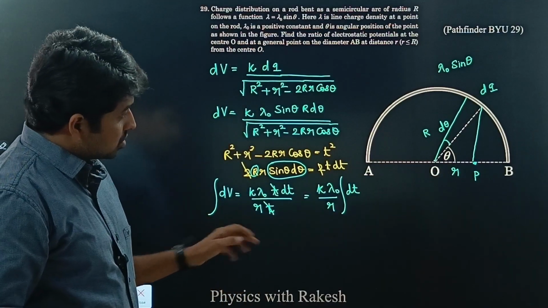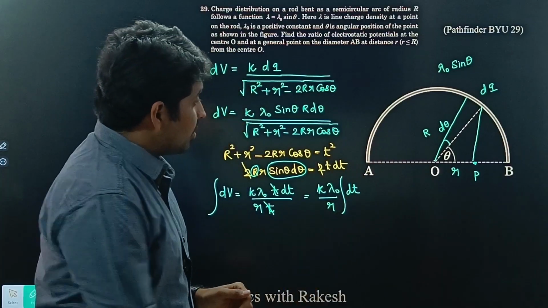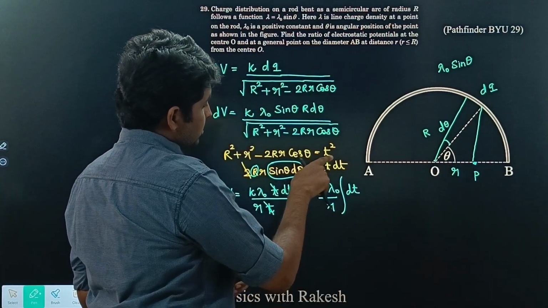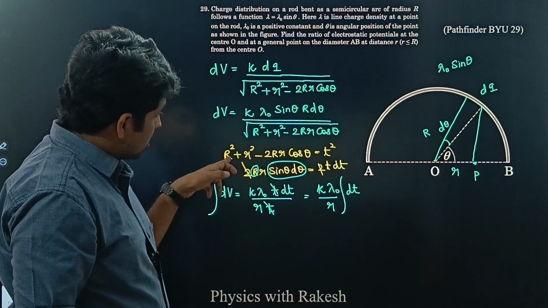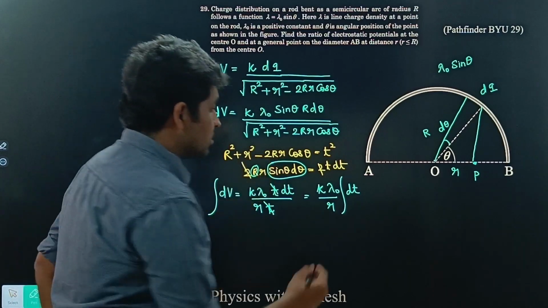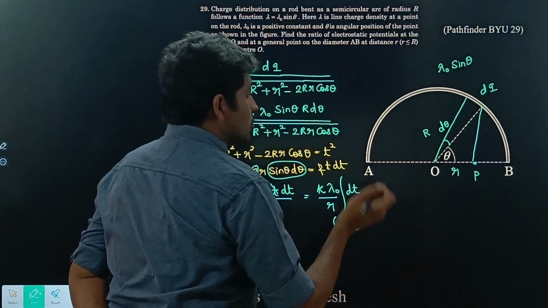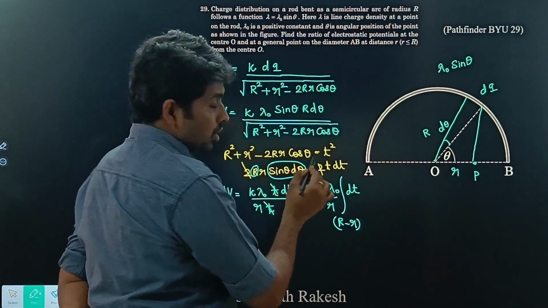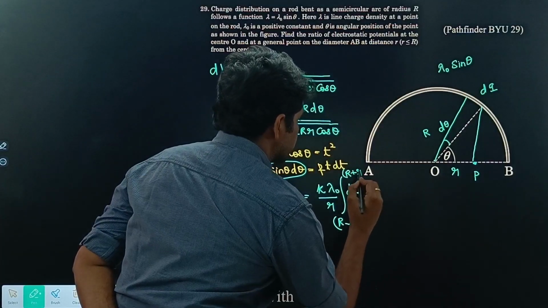We integrate this overall from theta equal to 0 to pi. When theta is 0, what is this t? This is r square plus r square minus 2rr, that is r minus r. When theta is 180, this becomes r square plus r square plus 2rr, that is r plus r.